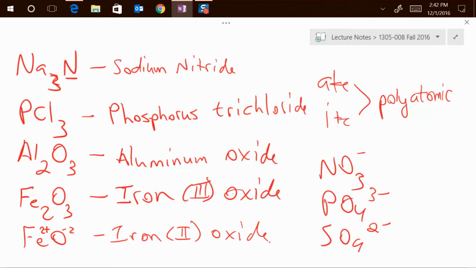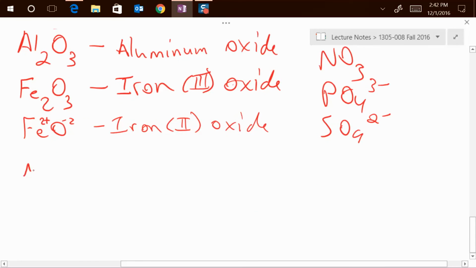I have manganese 3, I have manganese 4, I have manganese 2. You have to tell me which one. Is it iron 2 from the charge of the oxygen? The iron is iron 2 because the iron has a 2 positive charge. I determined that because of this charge. That's how I found it.